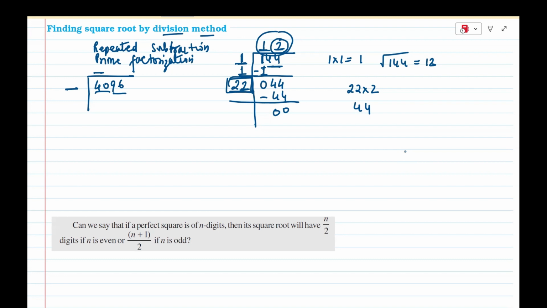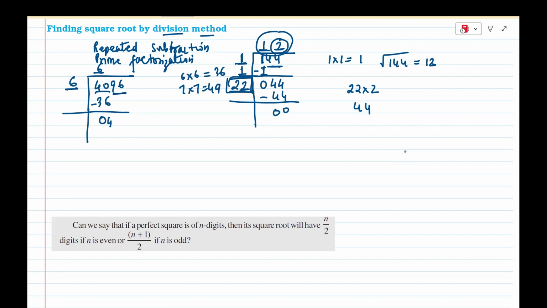But if I take 7 here and 7 here, 7 7s are 49, which is bigger than 40. So I will stop myself as 6 6s are 36. So here 6, here 6, 6 6s are 36, and then simply subtract it. So it is 4 and then 0.